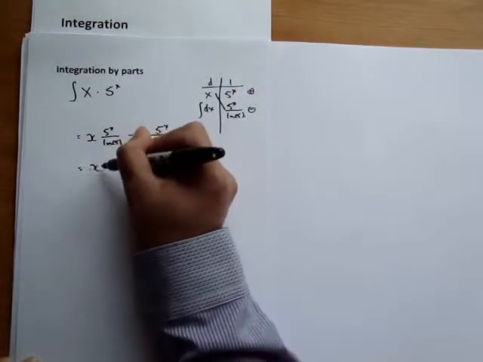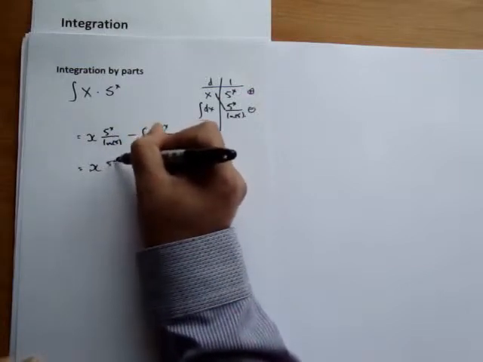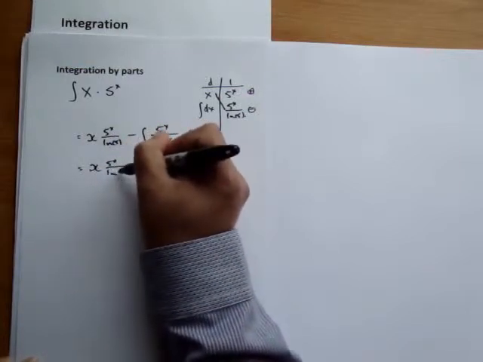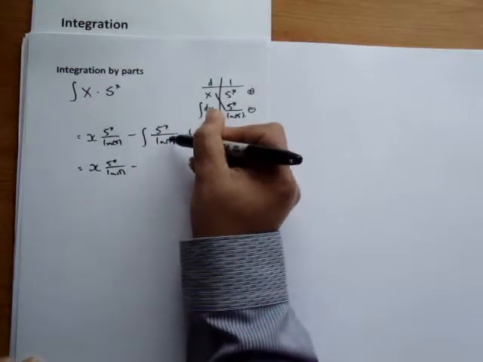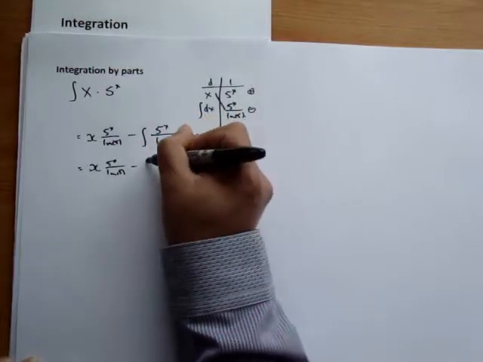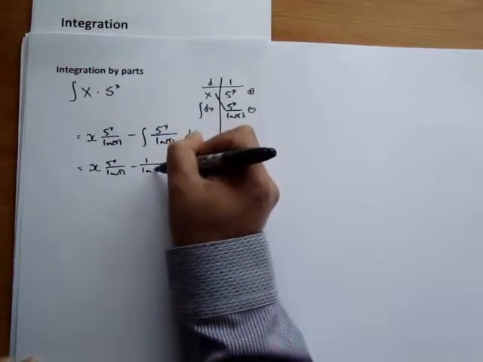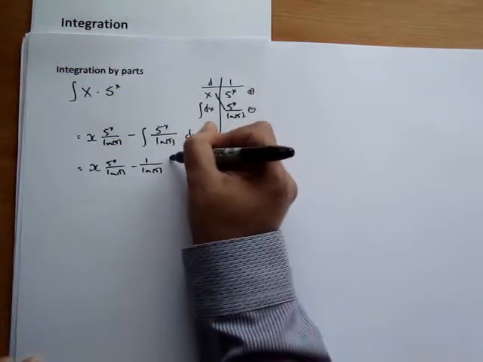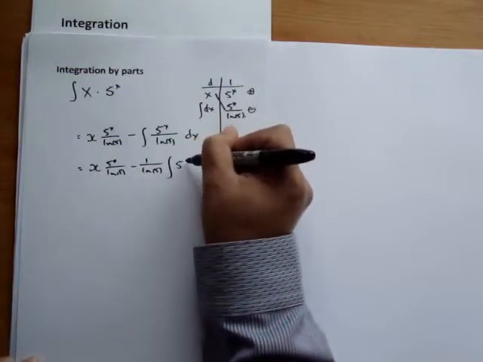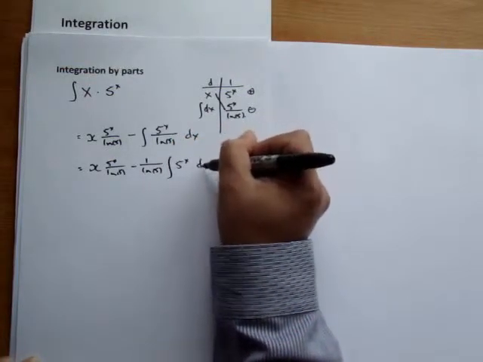So keep this the same, x times 5 to the power x over natural log of 5, minus, bring the 1 over natural log of 5 to the outside, and we have the integral of 5 to the power x dx.